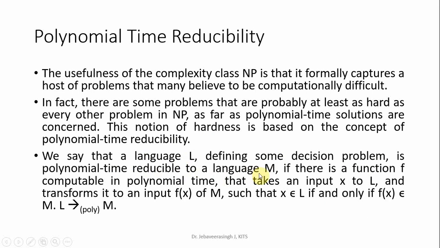It is polynomial time reducible to language M if there is a function f computable in polynomial time, that takes an input x to L and transforms it to an input f(x) to M, such that x is in L if and only if f(x) is in M, and then L is polynomially reducible to M. So if you are able to find a function f that reduces the complexity to polynomial time complexity, then it is known as polynomial time reducibility.